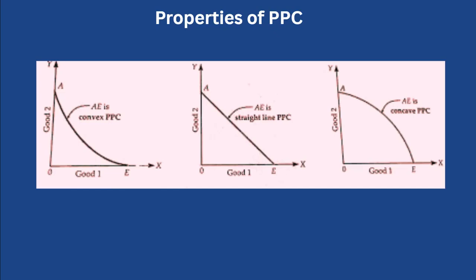You can't use the resources equally, but you can use them efficiently. A straight line is not possible for PPC. So PPC is always concave in shape. This is the perfect shape for PPC. If the point is here, this is a perfect ratio of production.